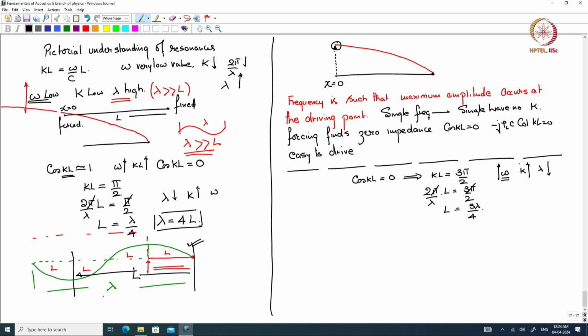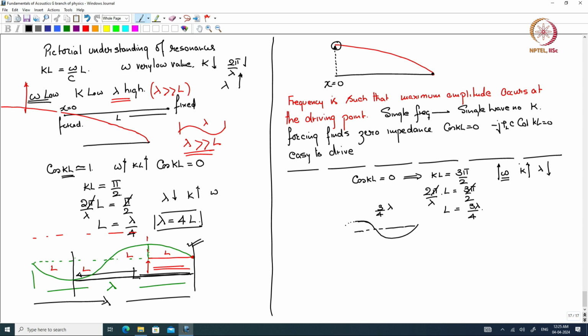If lambda is this much, the string occupies this much. This is half wavelength, let me draw it the other way, this is half wavelength and this is a quarter wavelength. So this is 3/4 lambda.